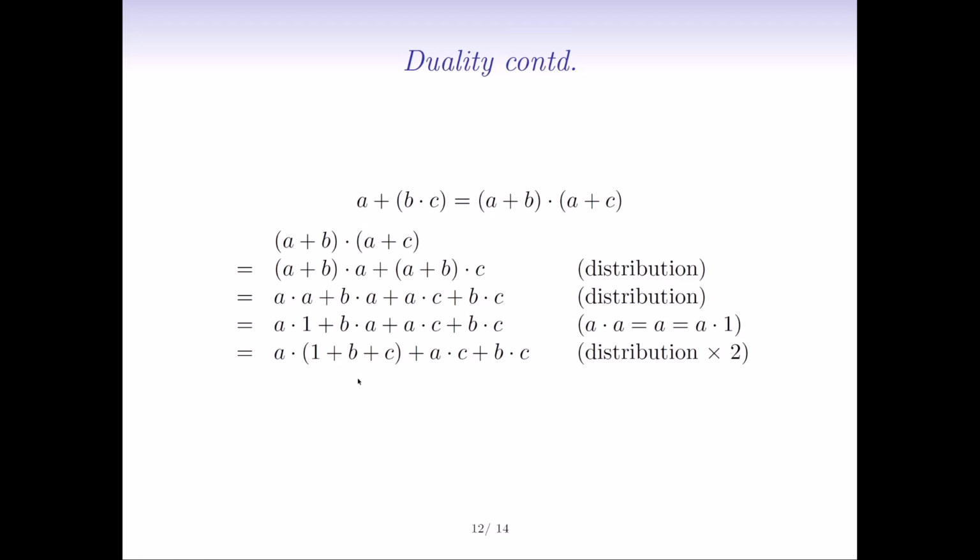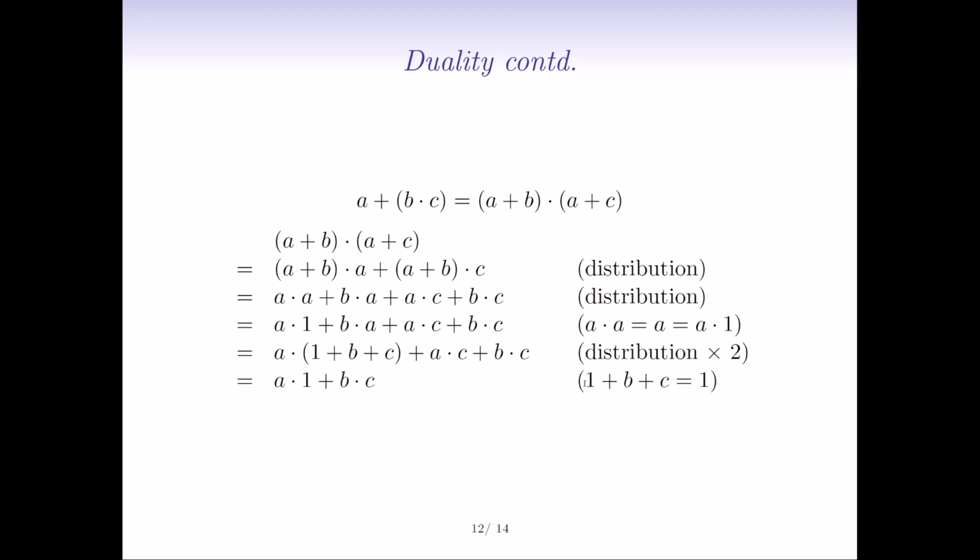What I meant to do was factor out a from these first 3 terms, and so I should have deleted this one, but I didn't. So ignore that one. But this is equal to a dot 1 plus b plus c. That's really by applying the distribution law twice, but I condensed those steps. Plus b dot c, which we didn't do anything with.